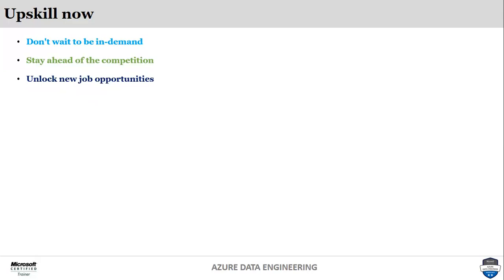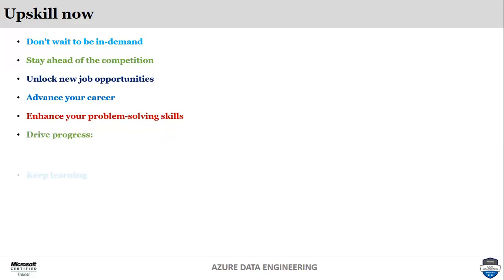Whenever you want to unlock job opportunities, you need to get hold of any skill or technology which is in boom, or which is going to boom, and you can advance in your career. And whenever you learn a new technology, you will acquire more and more problem-solving skills, which will drive progress. And you need to keep learning to secure your future, right? So that's the one slide added: upskill.